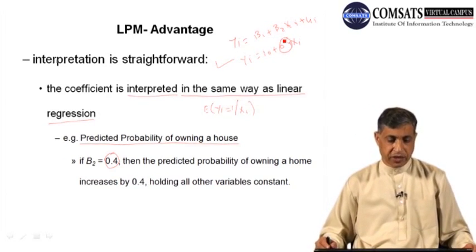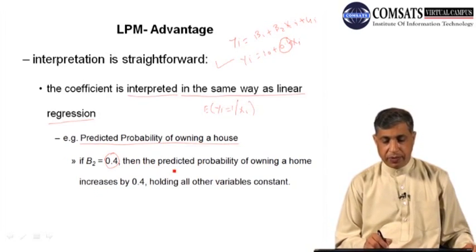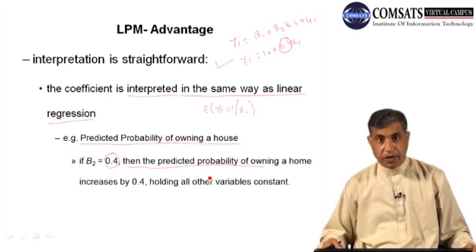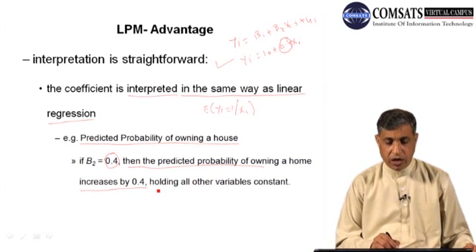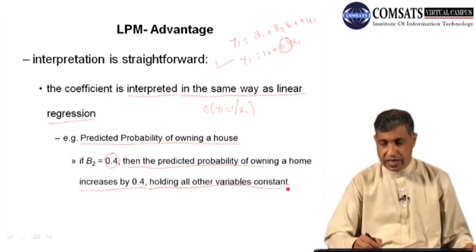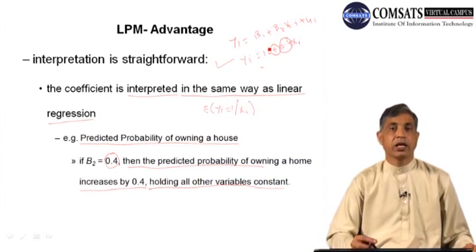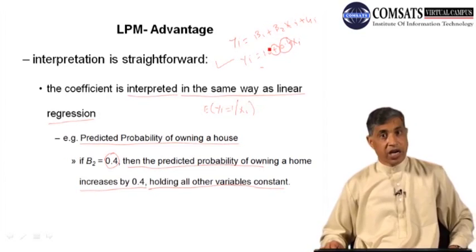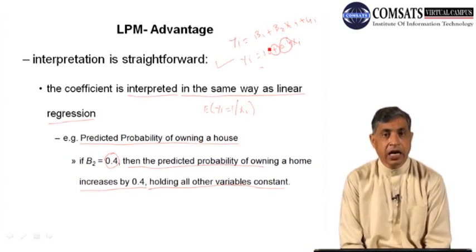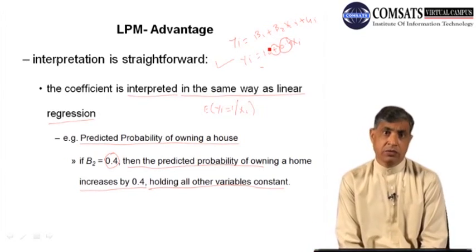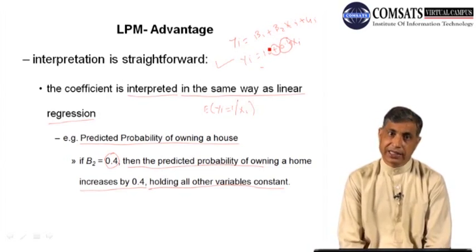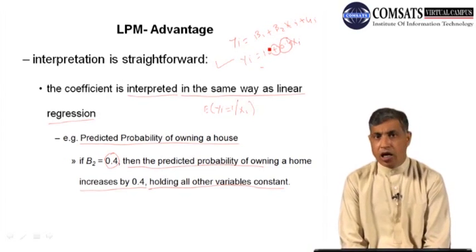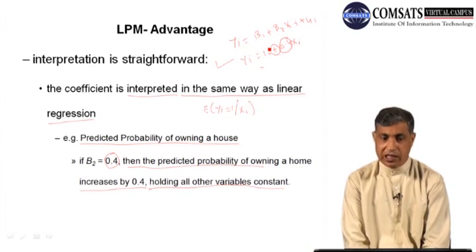So what this means is that if beta 2 is 0.4, then the predicted probability, now we are talking in terms of probability, the predicted probability of owning a home increases by 0.4, holding all other variables constant. Increase means there is a positive sign. If there were a negative sign, I would say it decreases. Keep in mind that for simplicity, every time we are using the plus sign because it avoids many complications. Otherwise, there is nothing special behind this.